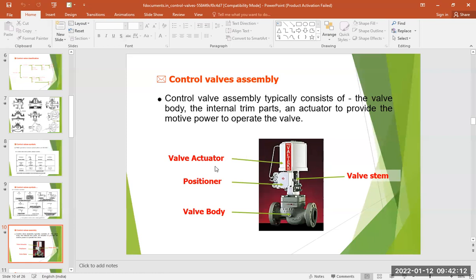And this valve actuator is classified into three categories: one is electrical, number two is pneumatic, number three is hydraulic valve actuators. Okay, is it clear, all of you?